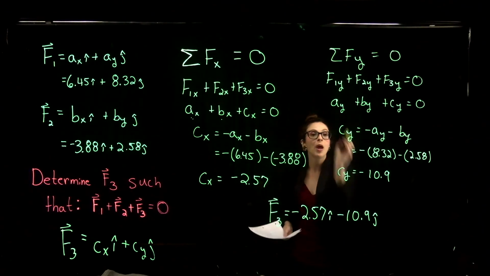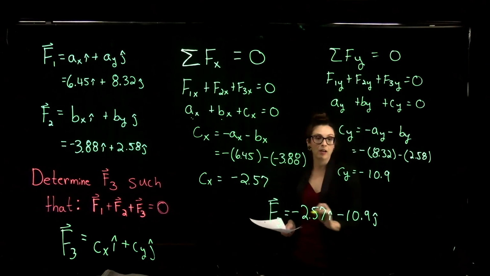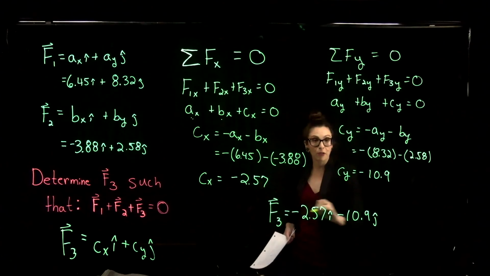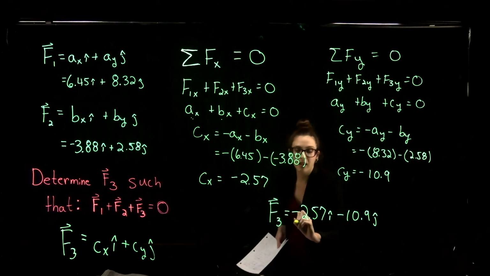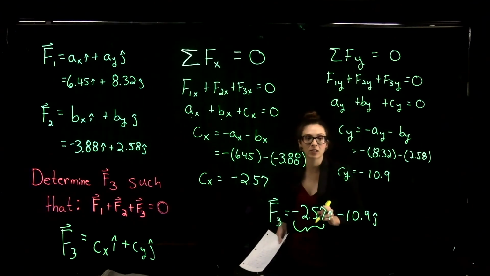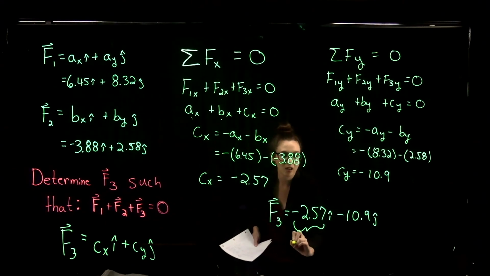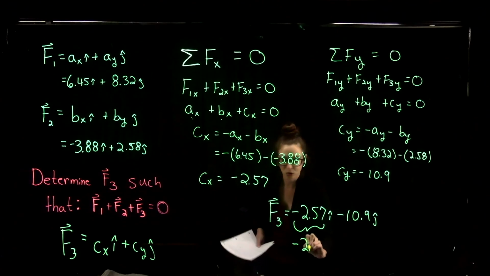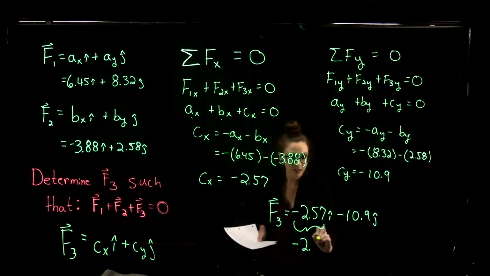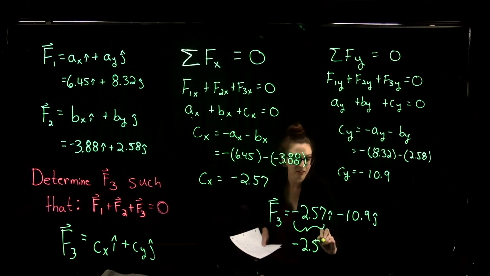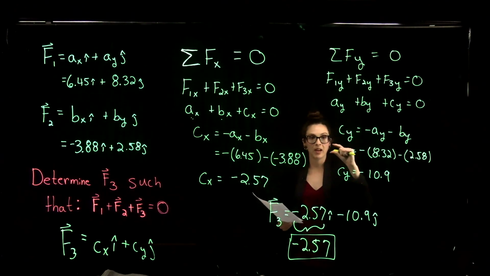So whenever you get to the end of your calculation and write your F3 vector out in unit vector notation, I'm just asking you for the x component, which is this component right here. So I would type in the number minus 2.57 into the little space for the answer on Canvas for this problem.